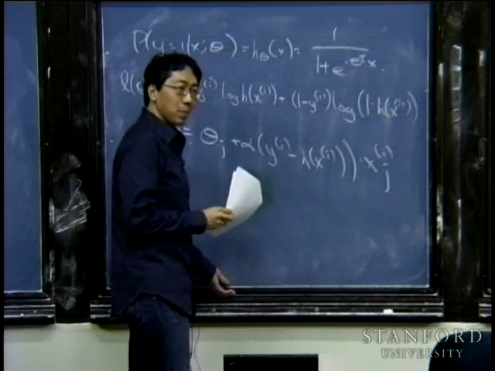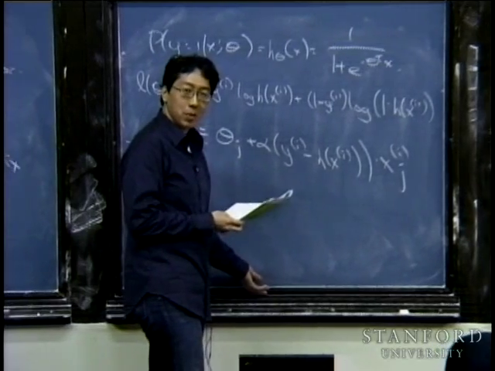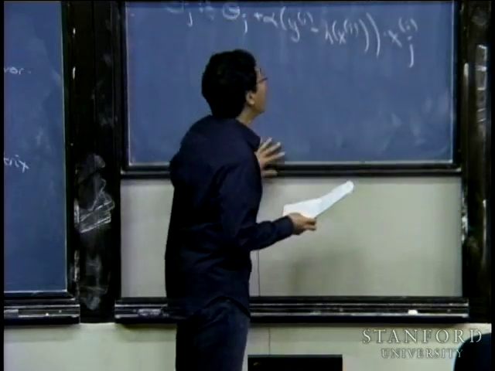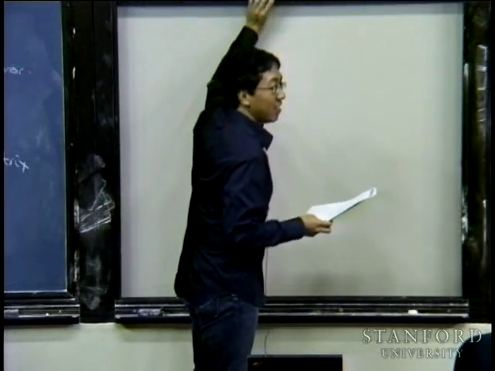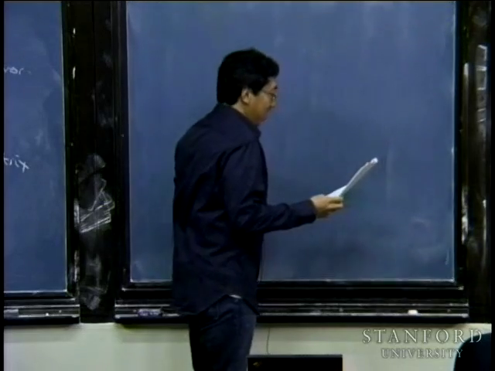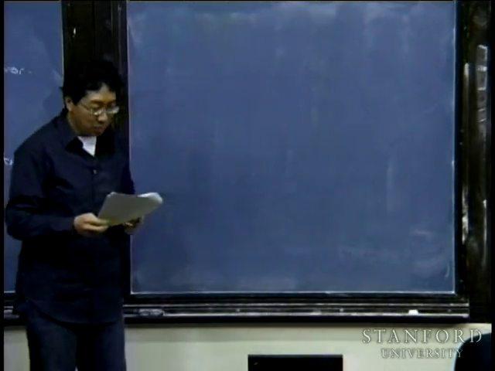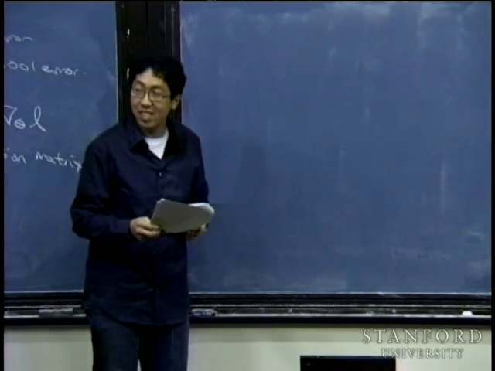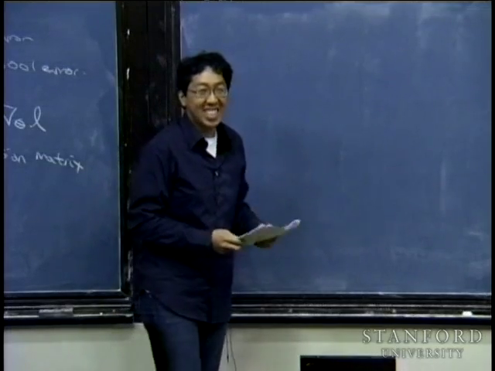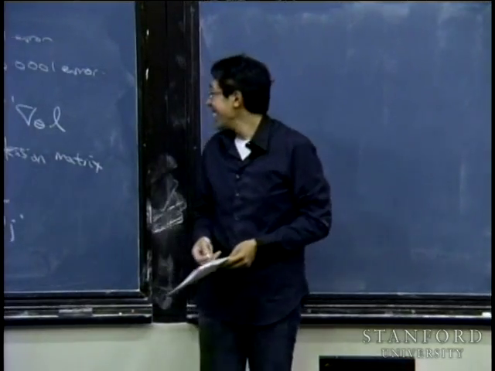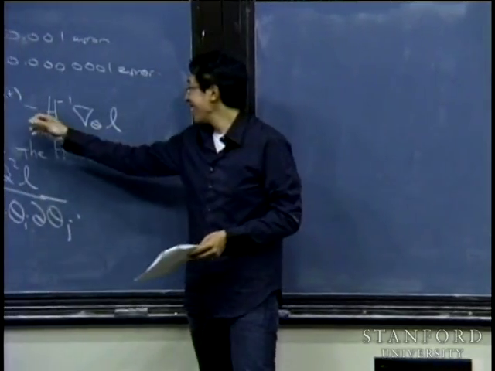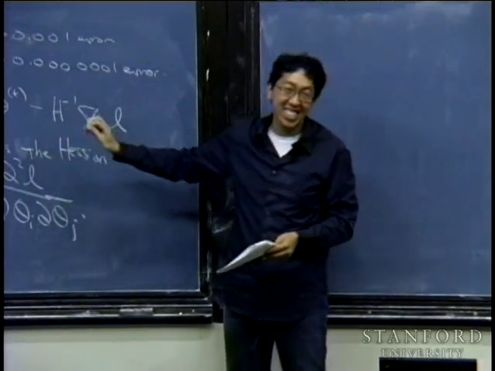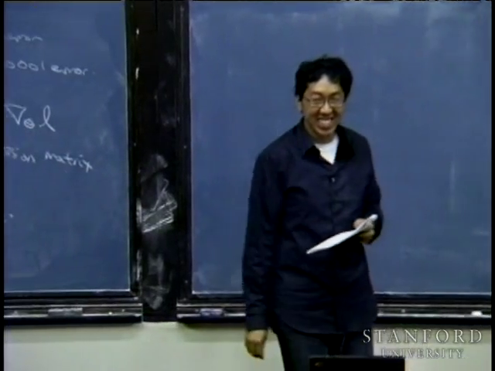So I wrote this down for maximization. So how does the algorithm change if you want to use it for minimization? Okay, say again? Yeah. Actually, the answer is that it doesn't change. I'll leave you to work out why yourselves.